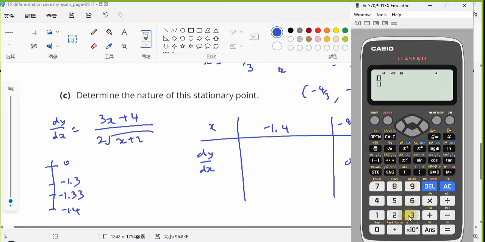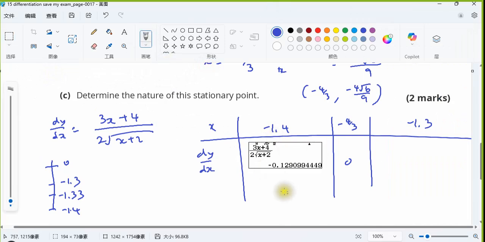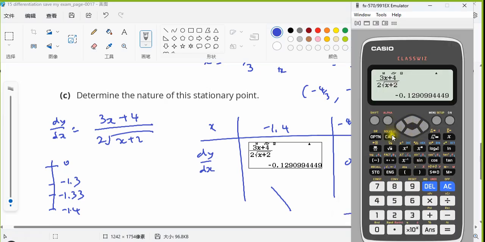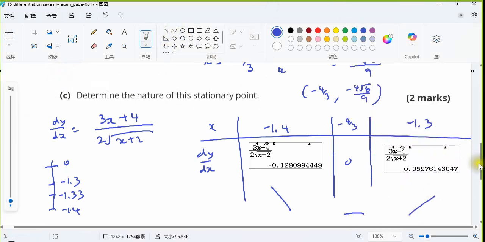So we have (3x plus 4) over 2 square root of (x plus 2). When we substitute negative 1.4, then it is negative, so this is downward. And when we have negative 1.3, then it's positive, then upward.